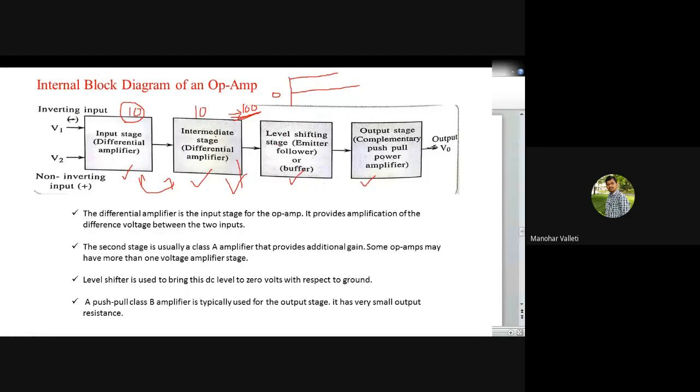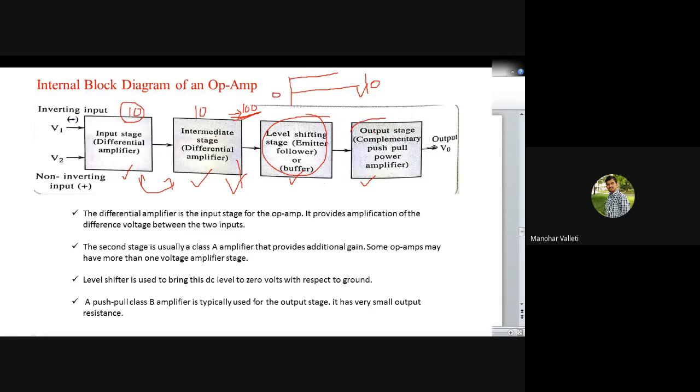So the level shifter circuit will bring this DC level back to zero again, so that the BJTs in the circuit are operated in the active region only. Bringing the DC level back to zero is done by the level shifting circuit.